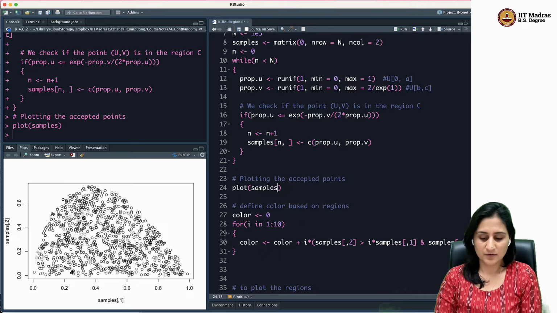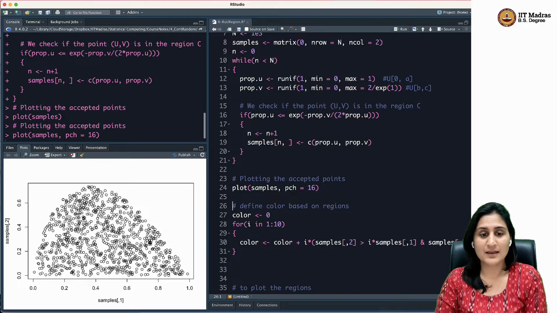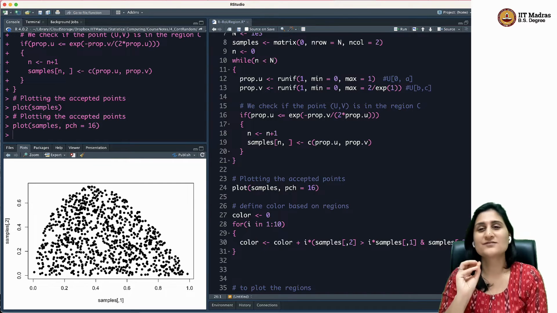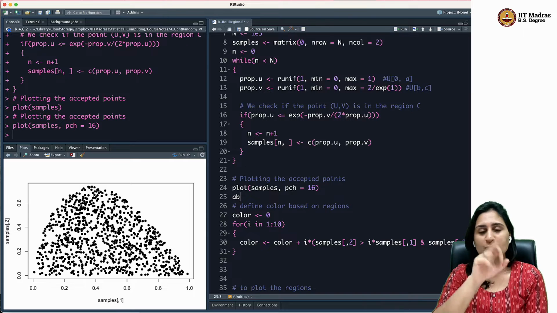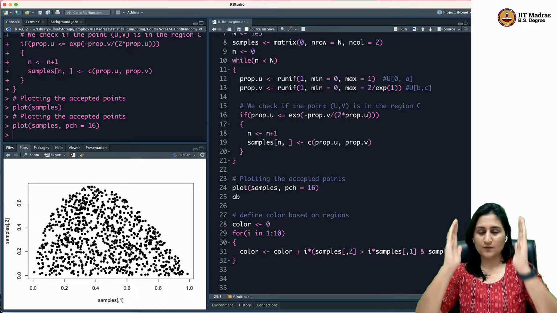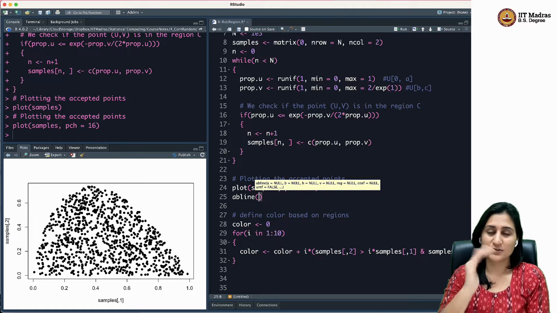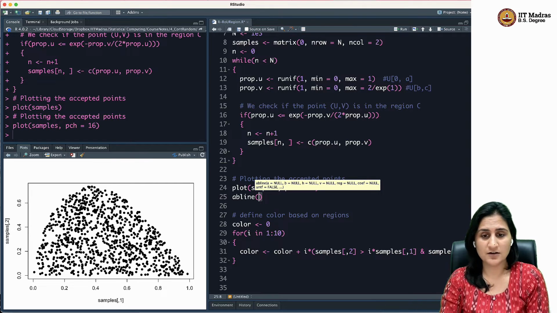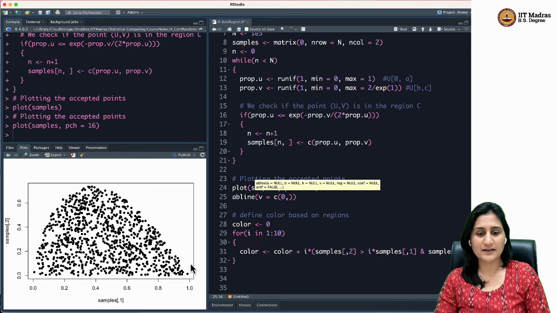I'm going to change the style of the plot by saying pch equals 16, so the points will be filled-in dots. I like those points. I'm also going to make my enclosing box. Not C, but the enclosing rectangle from which we were doing accept-reject, which means I need vertical lines and horizontal lines. abline makes straight lines in R. The vertical lines I need at 0 and at 1.